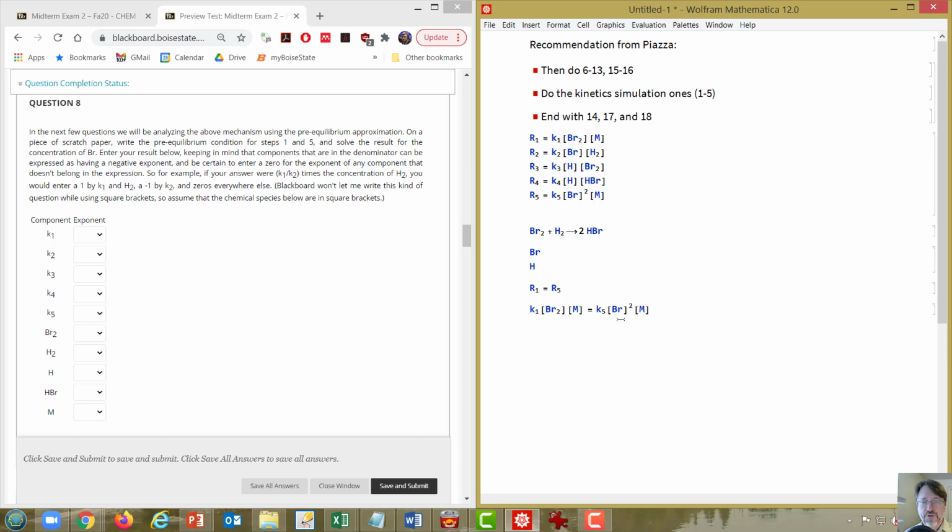And now we are told to solve this for the concentration of Br. So copy that down. I'm going to isolate Br, divide both sides through by M, divide both sides through by K5, like so. We notice that the M's cancel.